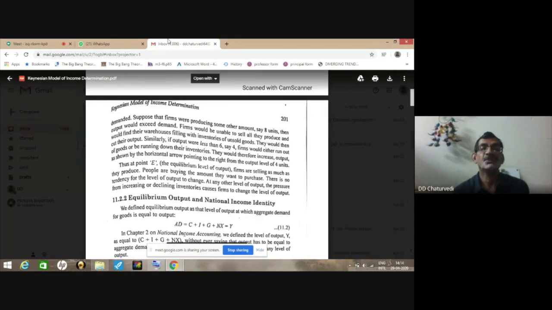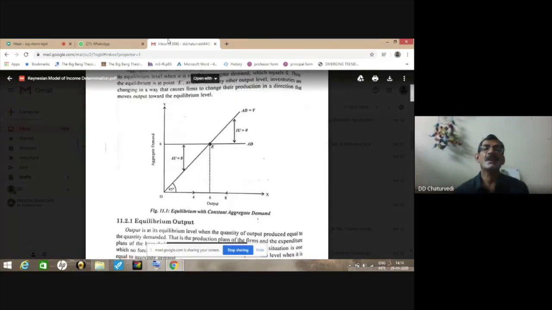But in case you consider any point which is to the left of equilibrium point, we will find that there is inequality between aggregate demand and aggregate supply, and it is here that IU is less than 0. IU indicates unplanned inventories.